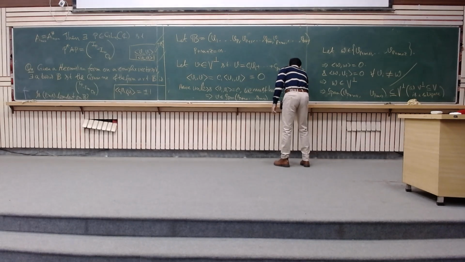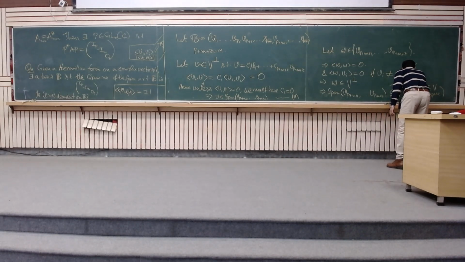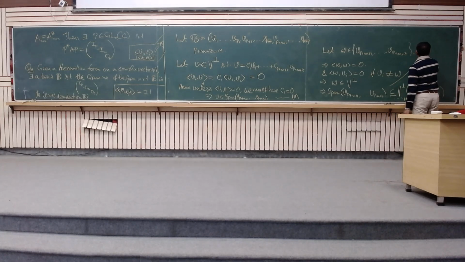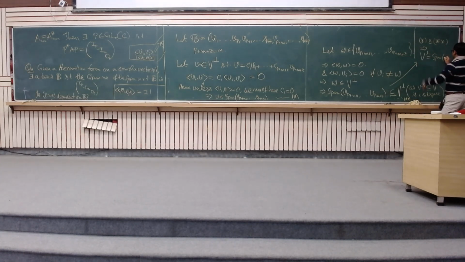So star and double star together imply that V_perp is equal to the span of the last few elements V P plus m plus 1 up to V P plus m plus z.